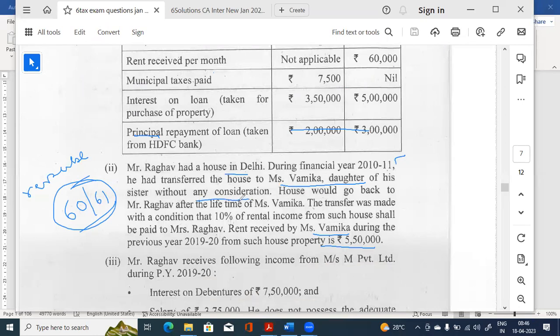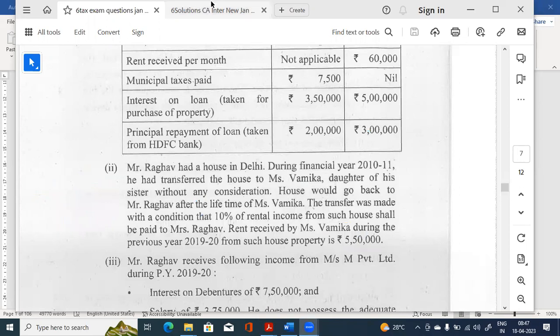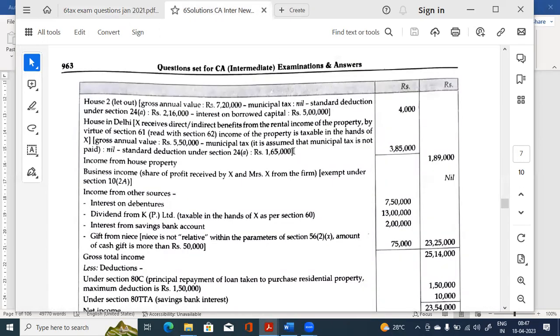The problem is that it is a revocable transfer: after the lifetime of Vamika, it will come back to Raghav. And when a revocable transfer is there, the clubbing provisions will get attracted, because though Vamika is now getting the 5,50,000, it will go back to Raghav only. That is why that amount is being taxed in the hands of Raghav only.